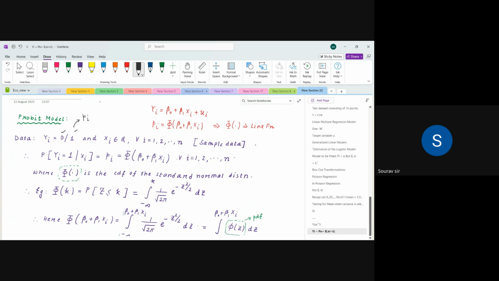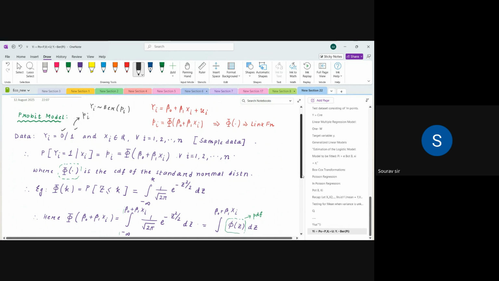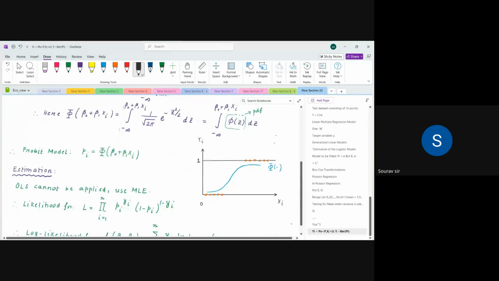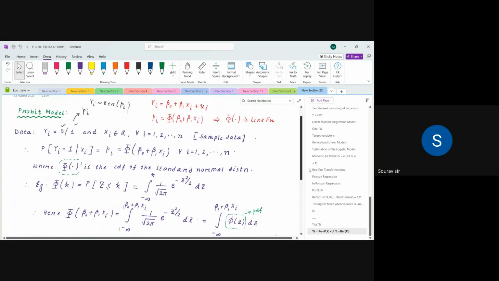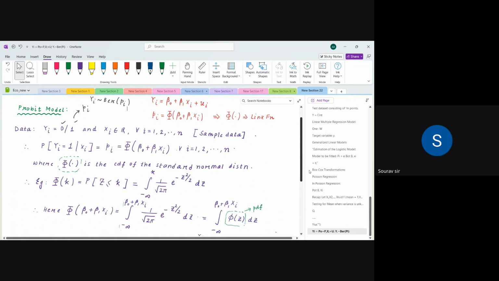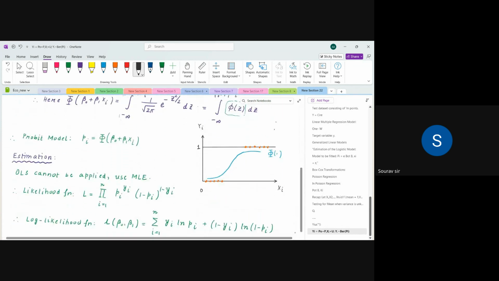Each of the yi's follows a Bernoulli distribution with its own pi. It's not that all the y's have the same probability. It depends on x, and that is what we are trying to establish. So each of the yi's is a random variable that follows a Bernoulli distribution with probability pi.